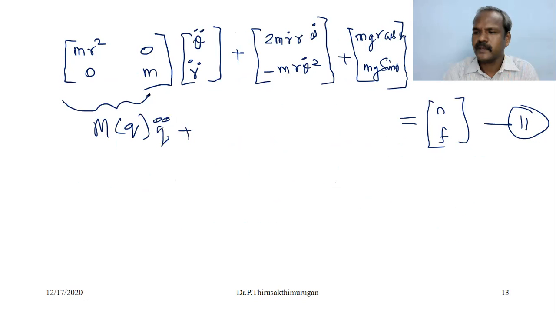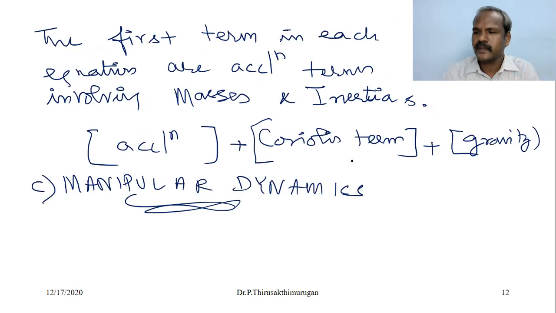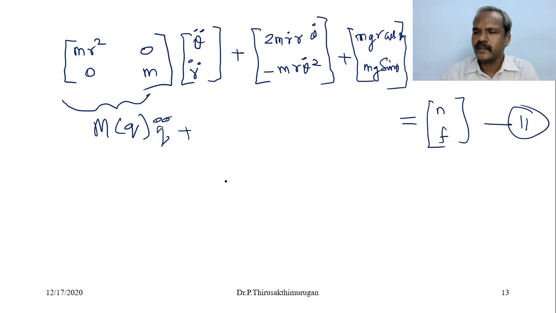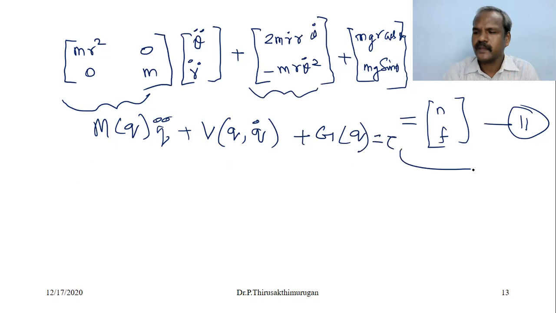This is the Coriolis vector v of q, q dot, plus the gravity term g of q equal to tau. This is equation number 12, the representation of manipulator dynamics.